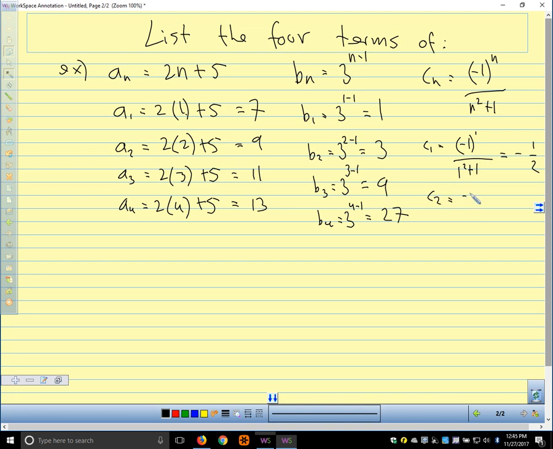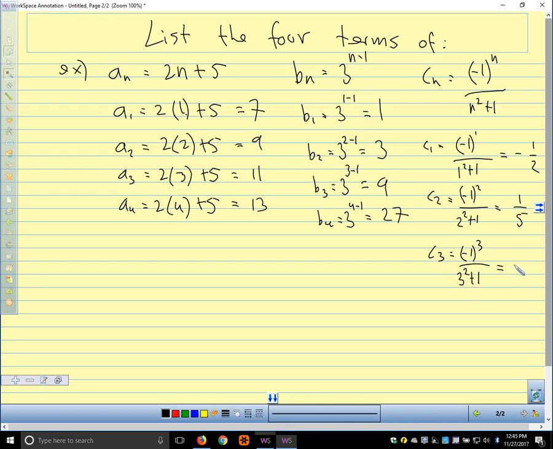c sub 2, negative 1 to the 2nd over 2 squared plus 1, which is positive 1/5. c sub 3, negative 1 to the 3rd over 3 squared plus 1.